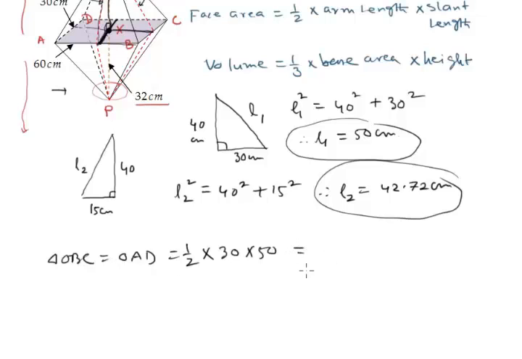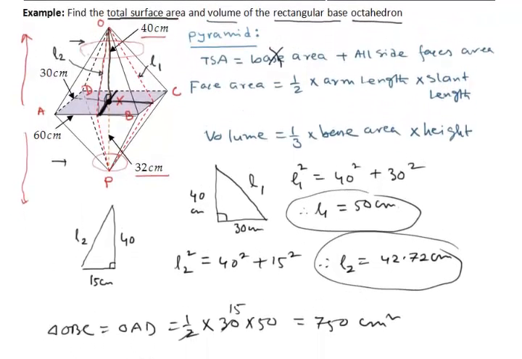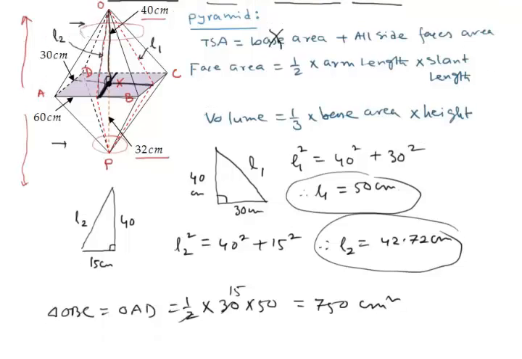If we calculate this, we will get 15 times 50, so 750 centimeter square. Similarly, we calculate the other one, OAB. The face on this arm, OAB or OCD, are equal.